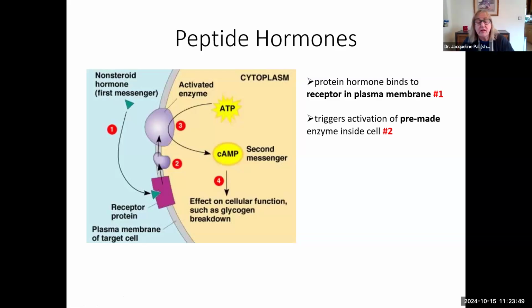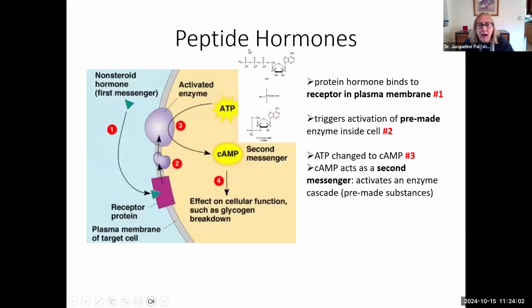And we don't have to know the name of the enzyme for this course. But when that enzyme is activated, it's going to work on our friend ATP. And what's going to happen is it's going to cut off two of the phosphate groups off of ATP, not creating ADP, but creating AMP.